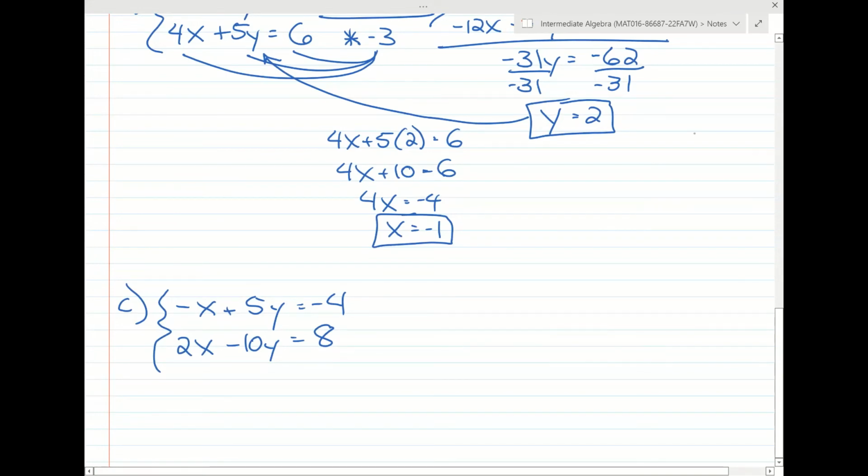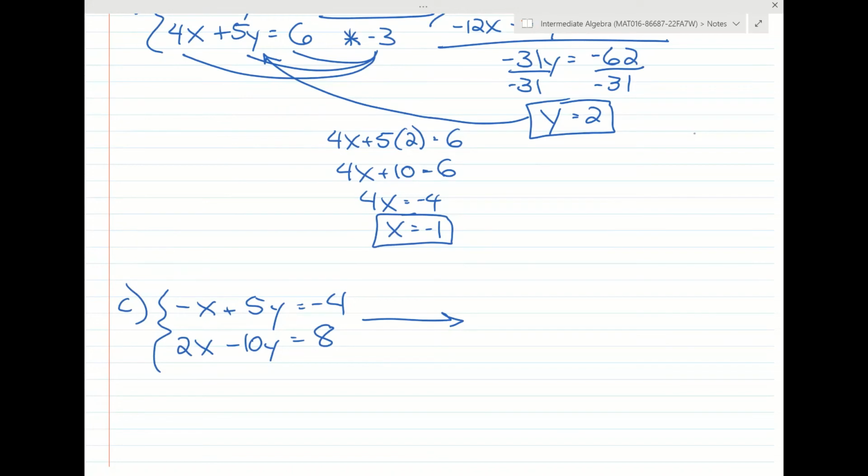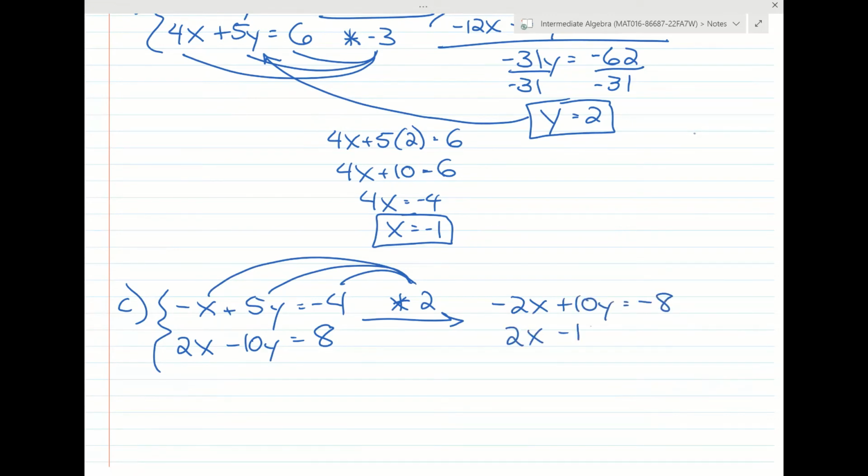So I'll just eliminate the y's in this case. Looks like one is a 5, one is a 10. If I convert the 5 to a 10 by multiplying everything by 2, I get negative 2x plus 10y is equal to negative 8, and 2x minus 10y is equal to 8.